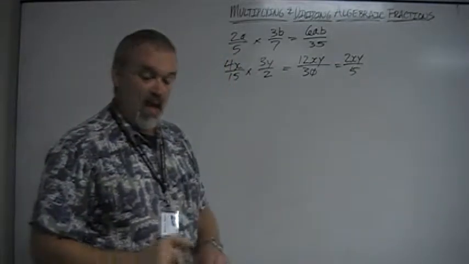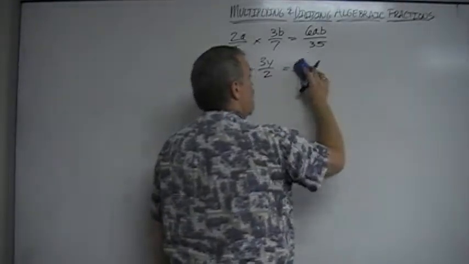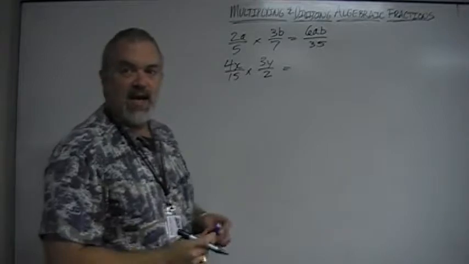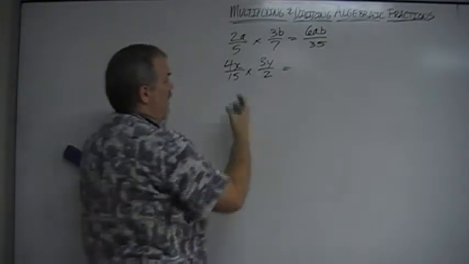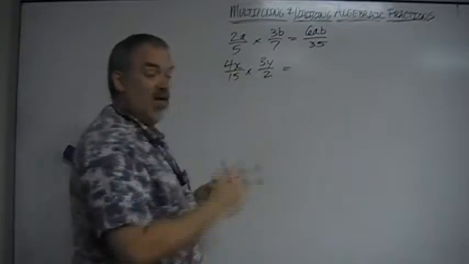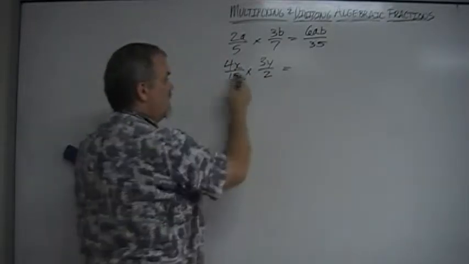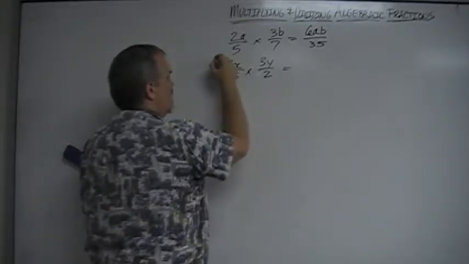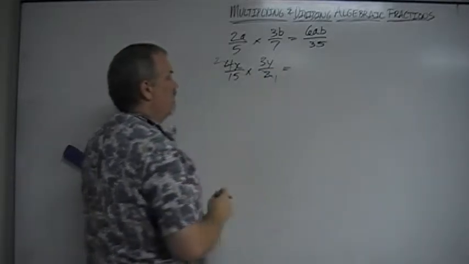Okay? Now, the other method that we can use for this is the same idea that we used with regular fractions, and that is we can cancel the factors out earlier. You'll notice that we have 4 here and 2 here, diagonally cross-canceling. What divides evenly into both of these? 2 does. So we divide by 2 and that gives me 2. Here, divide by 2 gives me 1.